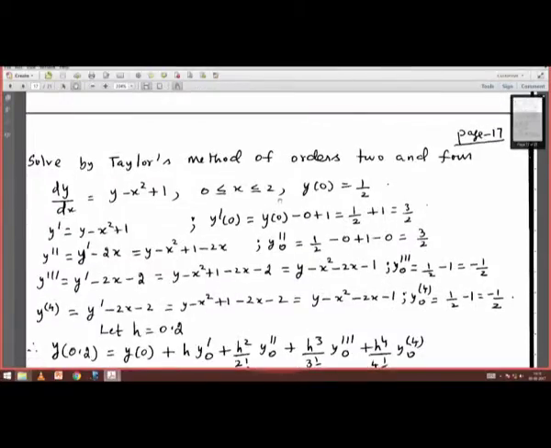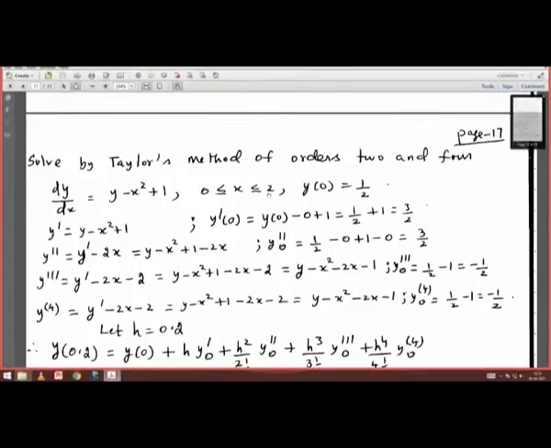And we continue this process till we reach the end point of the interval, and the end point of the interval is x is equal to 2. So, we can march step by step with a step size h is equal to 0.2 and determine the solution by Taylor's method of order 4, and similarly use Taylor's method of order 2 and compute the solution at discrete points which are equally spaced with step size h is equal to 0.2, and move on up to the end point of the interval 2 and determine the solution.